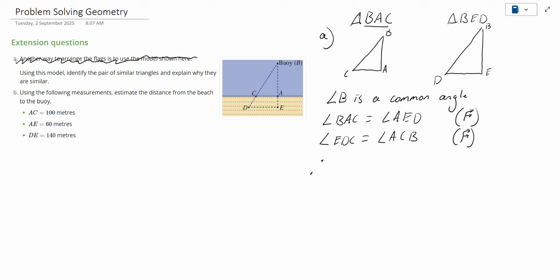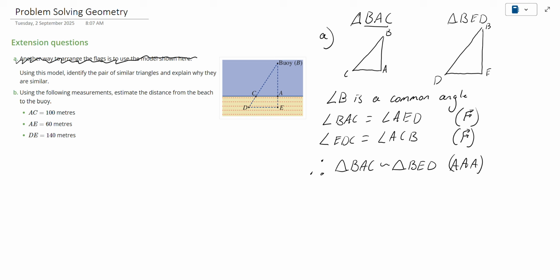So therefore, triangle BAC is similar to triangle BED because of the angle, angle, angle rule.